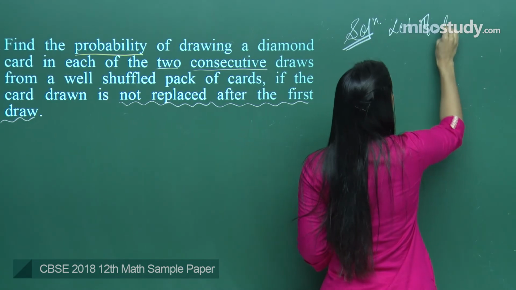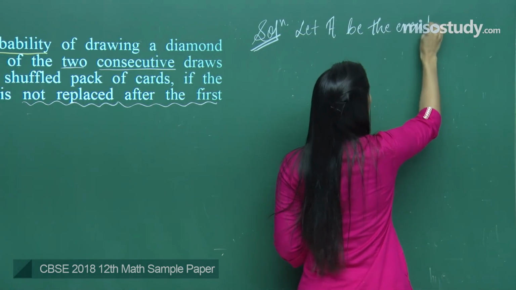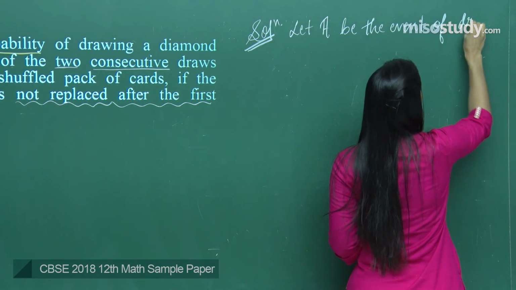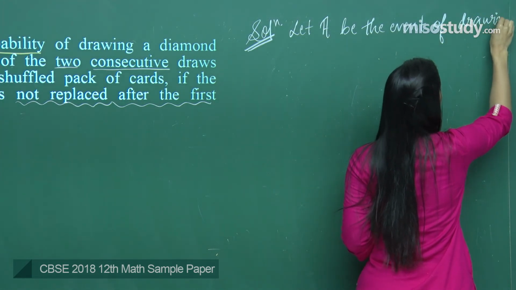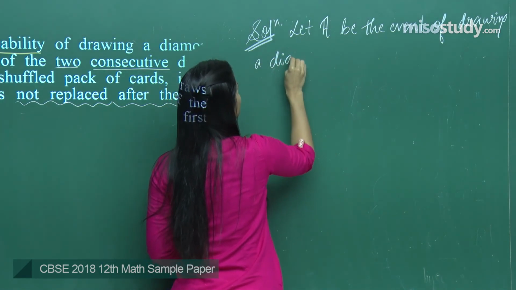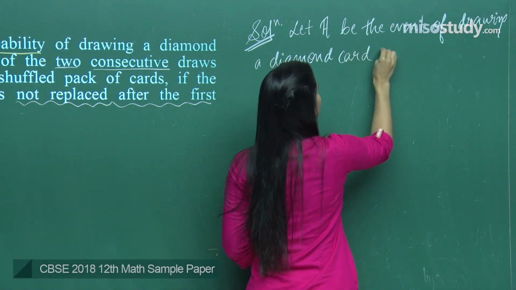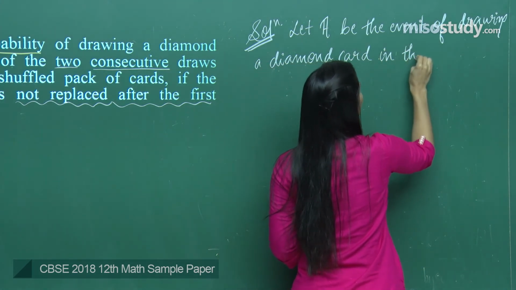Let A be the event of drawing a diamond card in the first draw.